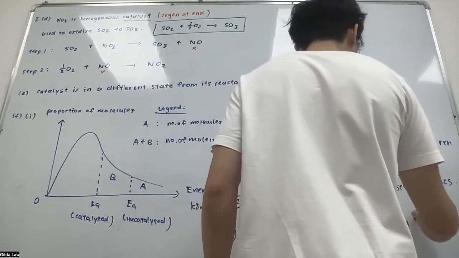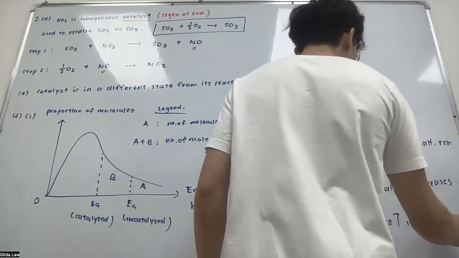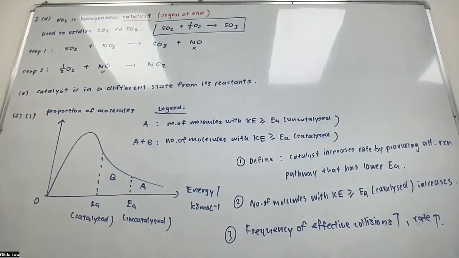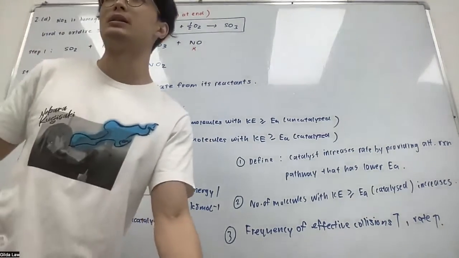So that's why your rate increases. This is a template answer. If you study this, you just copy and paste this from your head into the paper. It's really just a chance to get 3 marks.